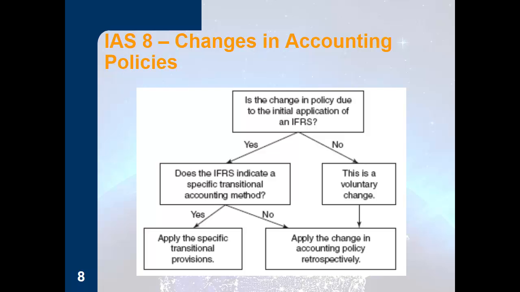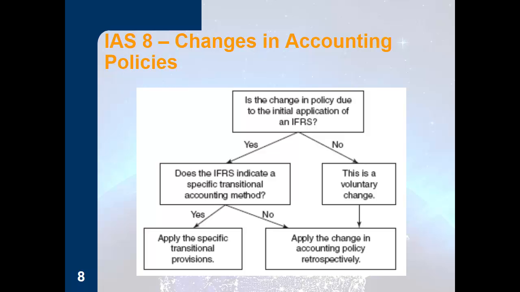Here is a diagram or a flowchart that shows us how to proceed when we have a change in accounting policy. The first question asks, is the change in policy due to the initial application of an IFRS? If the answer is yes, then we have to ask, does the IFRS indicate a specific transitional accounting method? In some cases, there will be specific guidance about how to implement the new method.